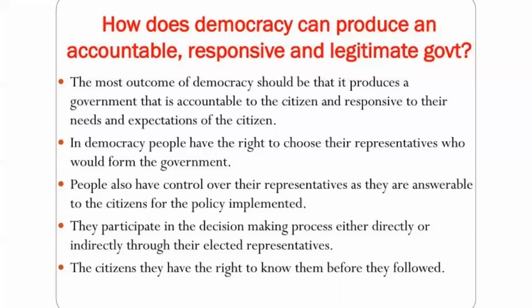But this is not possible in a democratic form of government. Democracy is based on the idea of deliberation and negotiation, so some delay is bound to take place. In democracy, people participate in decision making directly or indirectly through representatives, so decisions are delayed.